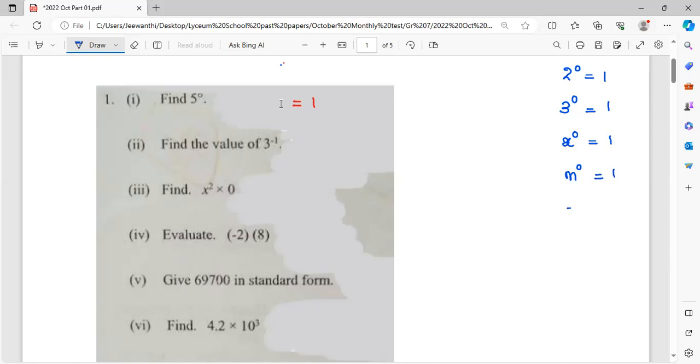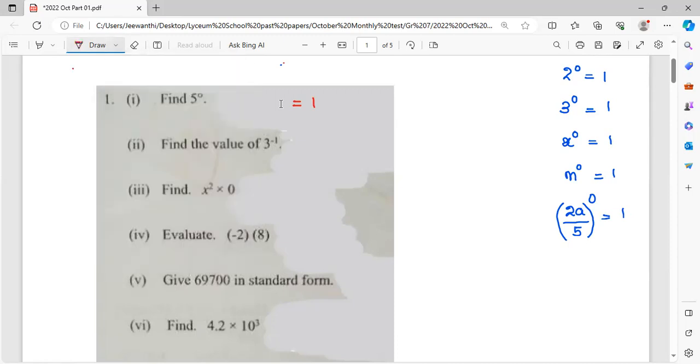Let's say you have 2a over 5, a fraction, the whole thing to the power 0. Still the answer is 1. They will give you different base values, children, to confuse you. But you want to understand that if the index is 0, the answer is always equal to 1.